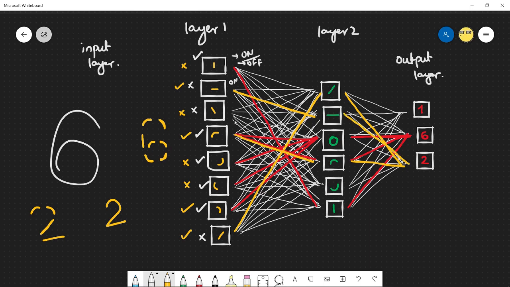So if it is the case that, let's say, neurons 2, 3, 4, neuron 4, 5, 6, 7, and 8 fire in the first layer, and then neurons 1, 2, and 4 fire in the second layer, then I really want this model to give me the number 2 as the output, right?